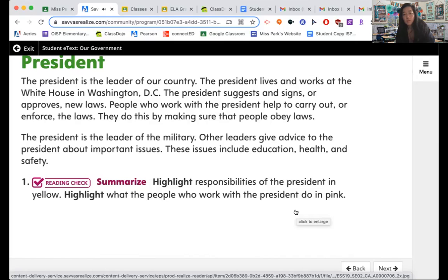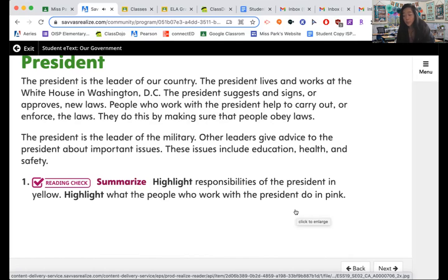The president is the leader of the military. Other leaders give advice to the president about important issues. These issues include education, health, and safety. Reading check. Summarize. Highlight responsibilities of the president in yellow. Highlight what the people who work with the president do in pink.